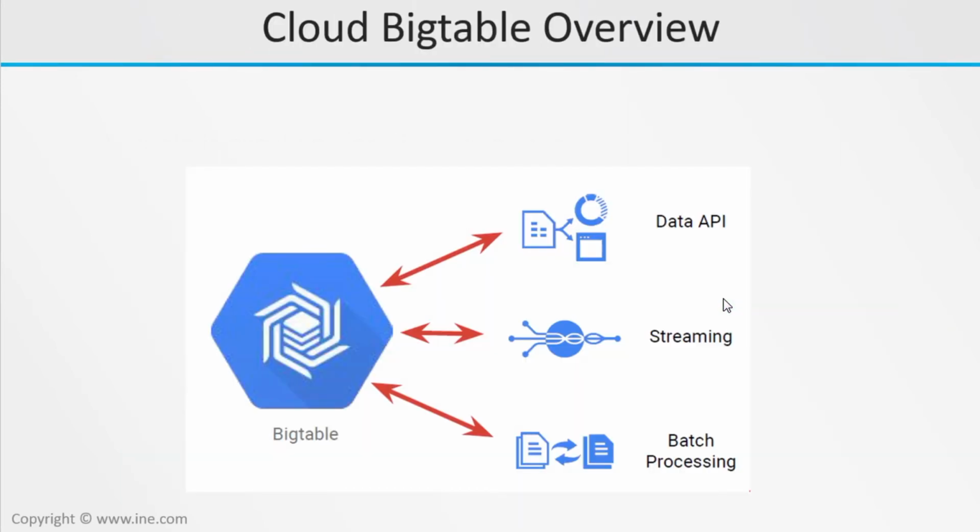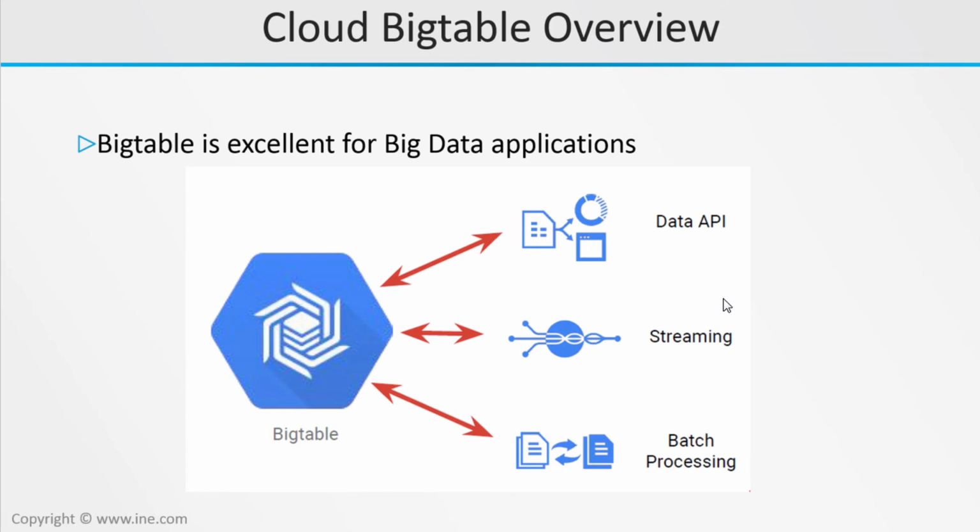With Bigtable, this is a good choice for big data apps where you may have your streaming and your batch processing, right? Now, remember, when it comes to processing, you could process a couple of different ways. You go through the API, or you could stream, or you could create batch processes. With the batch process, for example, you're reading from and writing to Bigtable, typically through a batch process like MapReduce or Dataflow, and so on and so on.